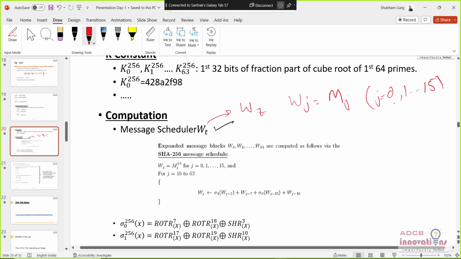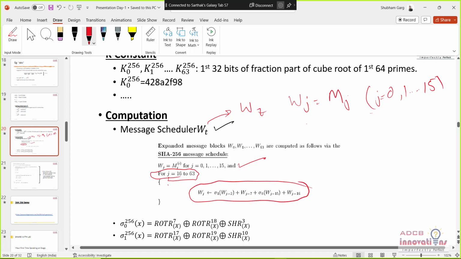These are the parts we have declared for the 32-bit message. M0 to M15 will be as it is in W0 to W15. We have done this for the first 16 iterations. Now for j equal to 16 to 63, that is the main part, the iterations are done according to this equation.